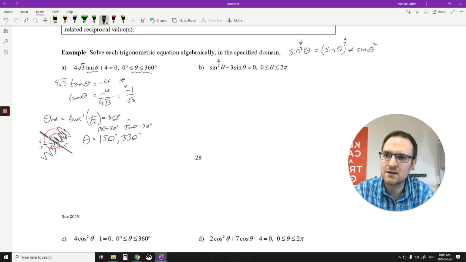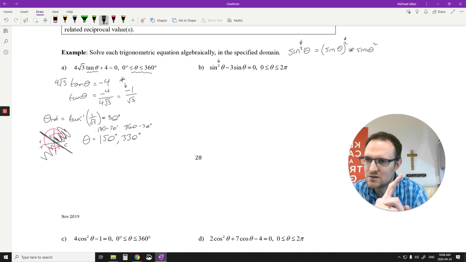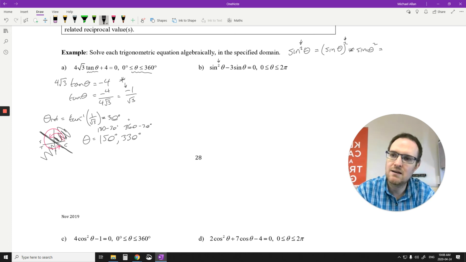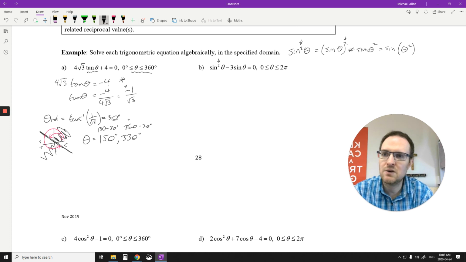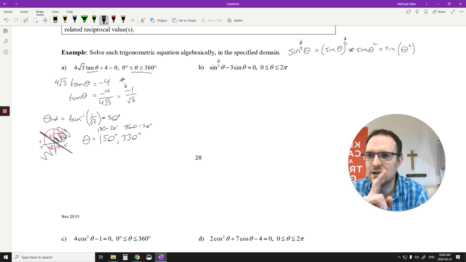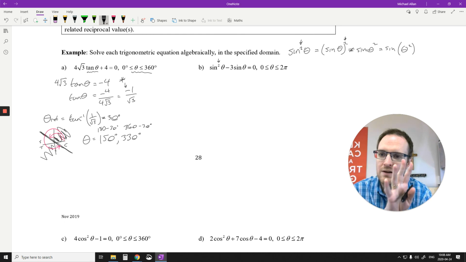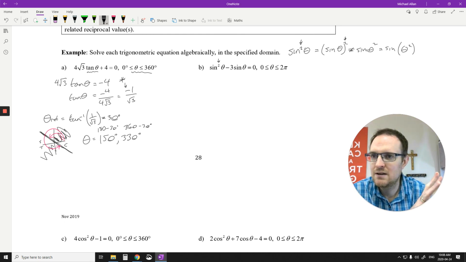These are not equal to each other. I might write here instead where it looks like the theta is being squared. And some people might think that means this, and they would be correct: they would square the theta and take the sine of whatever they squared. So sine theta squared is different than sine squared theta.